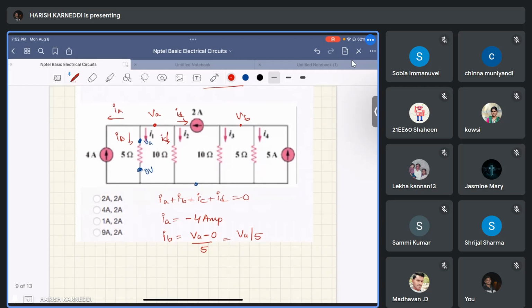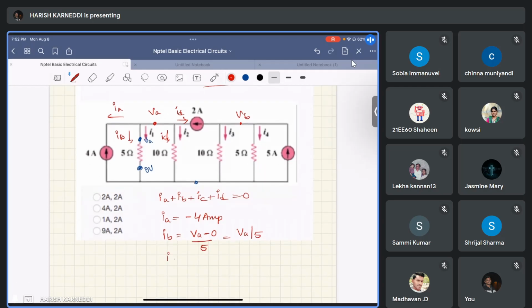Right? And IC equals the voltage difference across this point divided by the resistance of this resistor, that is 10 ohm. The potential difference is VA minus 0 by 10 ohm, equal to VA by 10, right?